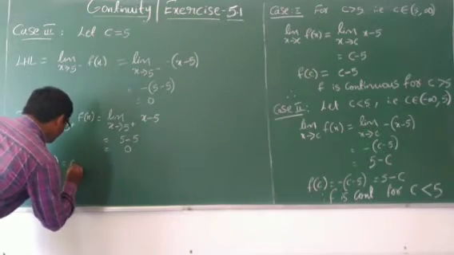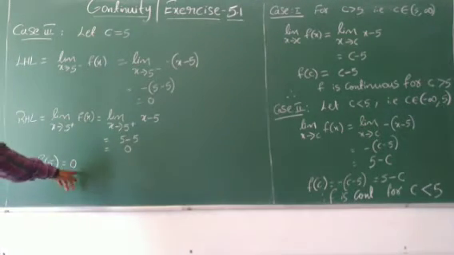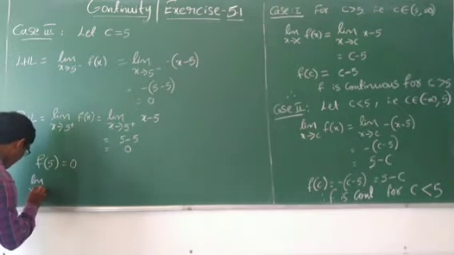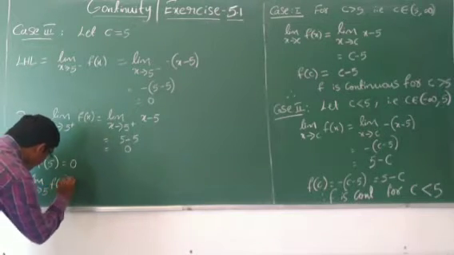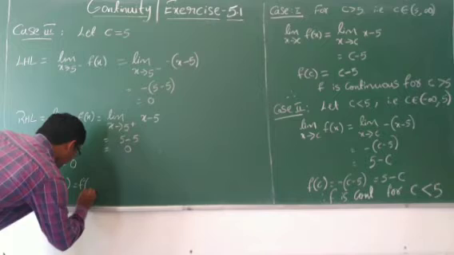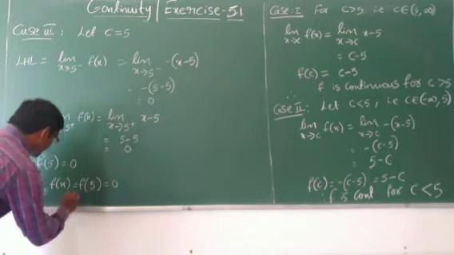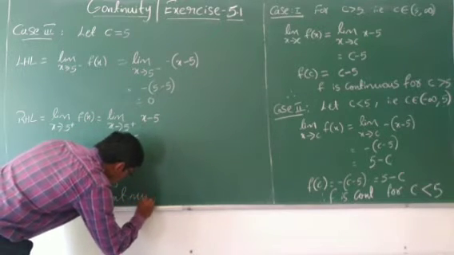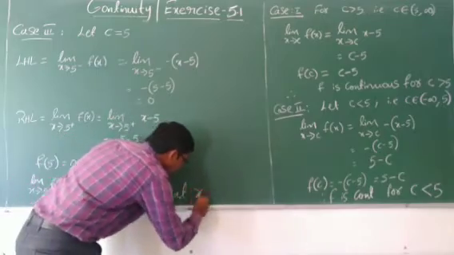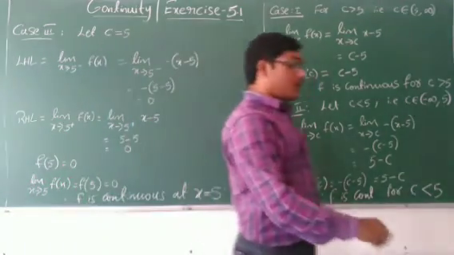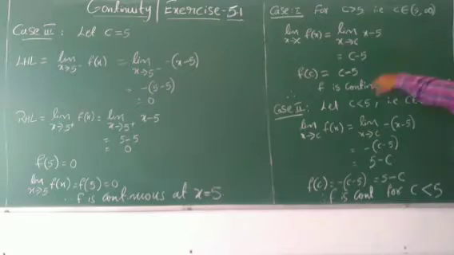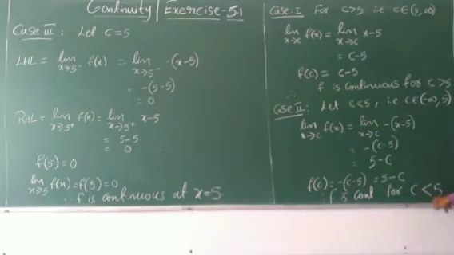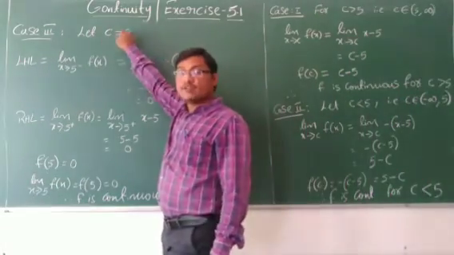F of 5 is equal to 0. At x equal to 5, it is 0. Now all the values are equal, so we can write limit x tends to 5, f of x is equal to f of 5 is equal to 0. Therefore, f is continuous at x equal to 5. Now, if you carefully observe all three cases, for greater than 5 it is continuous, for less than 5 it is continuous, at 5 also it is continuous.